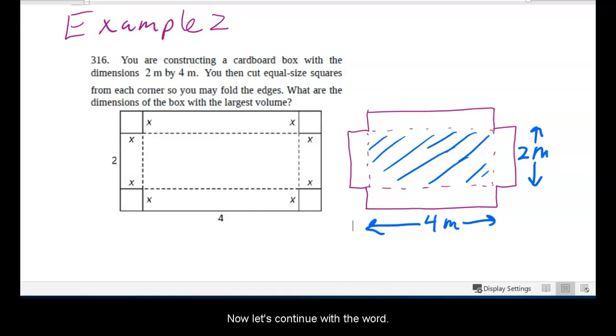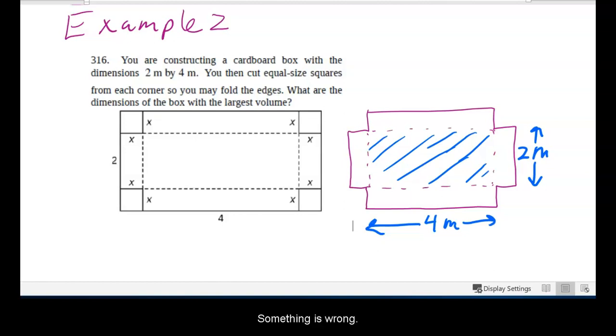Now let's continue with the words. You then cut equal size squares from each corner so you may fold the edges. What are the dimensions of the box with the largest volume?